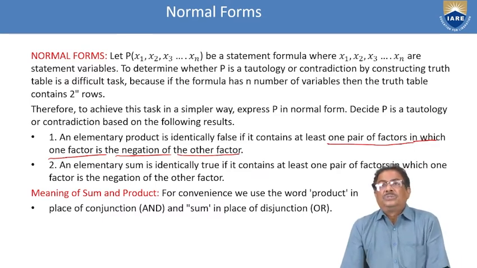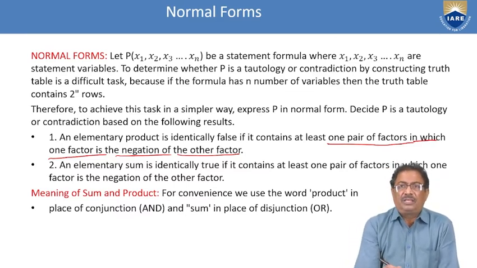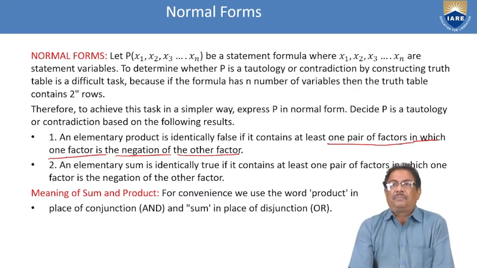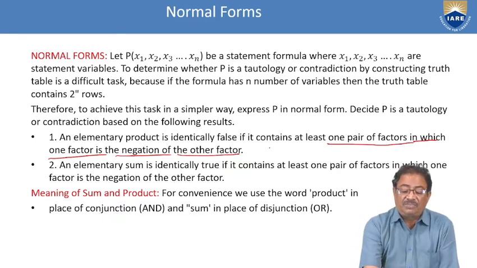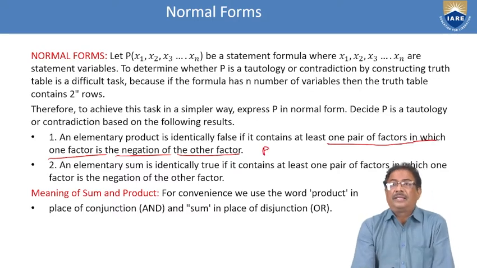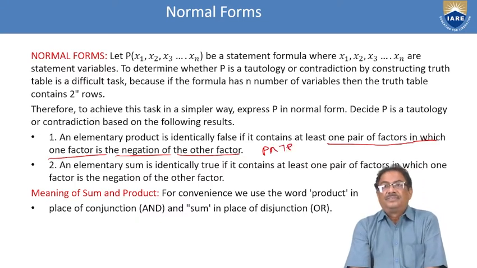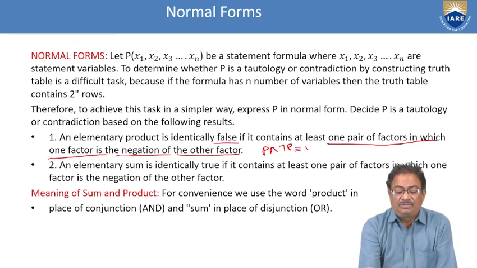So here, if it is false, suppose I am taking P, Q, R as the three statements. Suppose I am getting one pair of factors in which one factor is a negation of the other. Let us take P, and if I get negation of P, then this is false. This is equivalent to false.